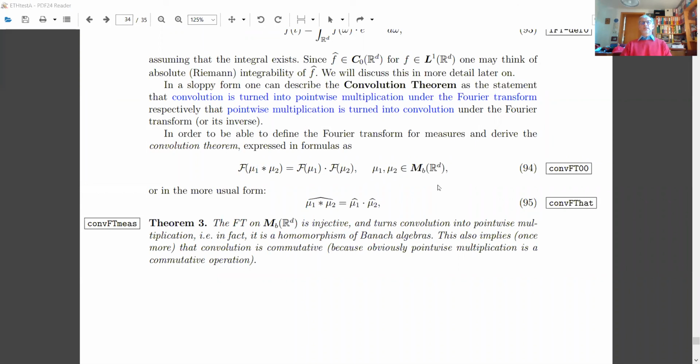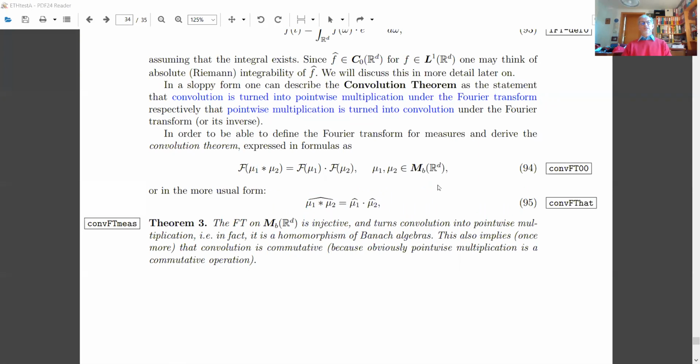From this, we got that the convolution of Dirac measures is giving you another Dirac measure at x plus y or so. Now, what we will have to do is to understand much better what the Fourier transform of a Dirac measure is. You probably know the rule that shifting a function corresponds on the Fourier transform side to multiplying with a pure frequency.